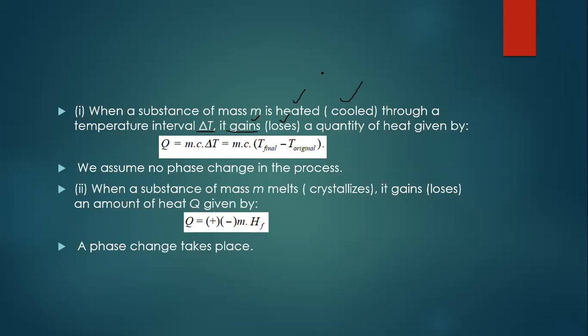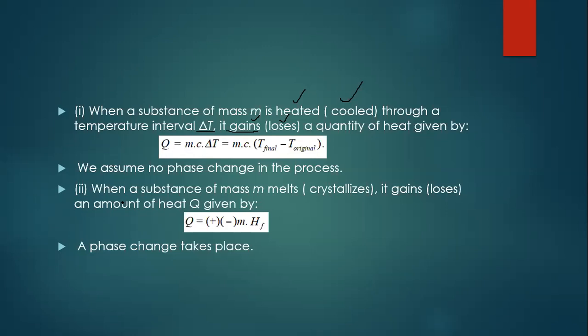So for a substance whose temperature is changing, it will have a specific heat capacity. That is the first thing we looked at. So we'll have the final temperature minus the original temperature happening this way. Heat can either be lost or gained. So remember this concept. We are going to apply it in calorimetry.